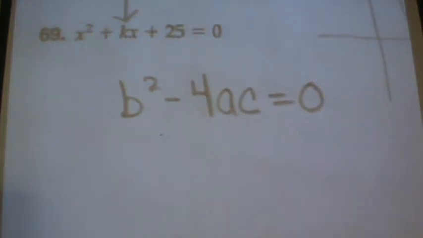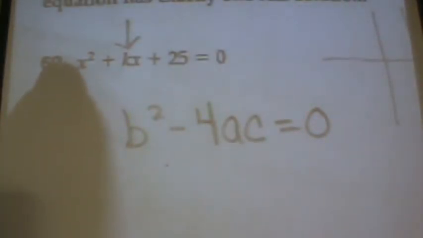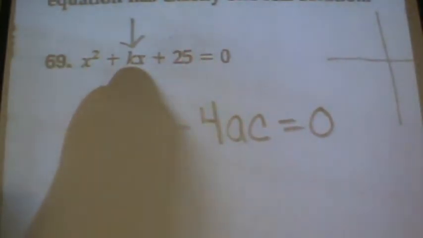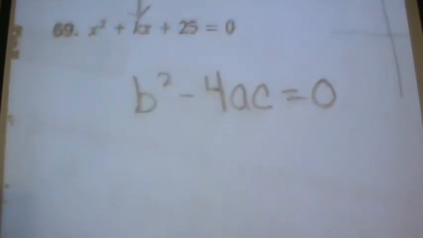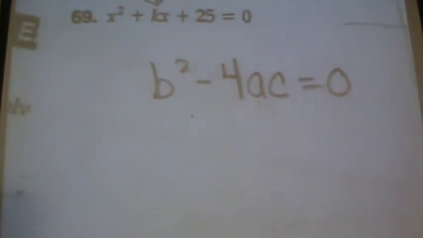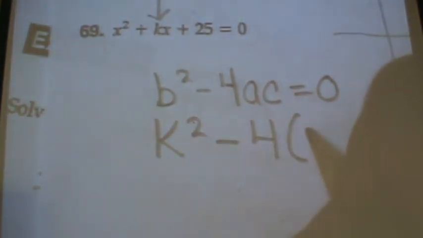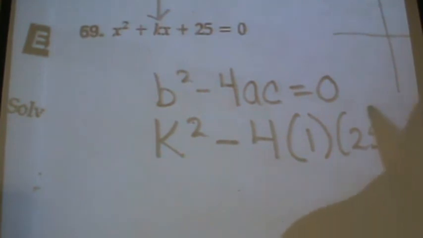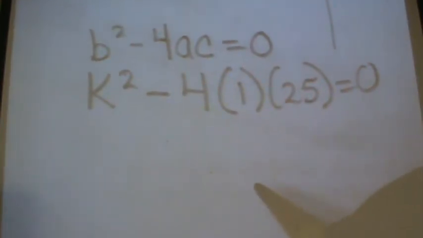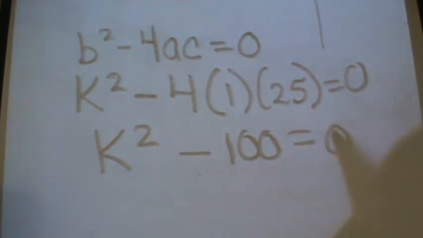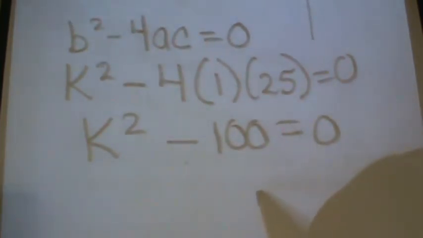So now let's do this problem, but we know that a is 1, b is k, and c is 25. Let's plug in, use some algebra. So what did we say b is? K squared minus 4, a is 1, and c is 25. So I heard 100. Then what? k is 10.